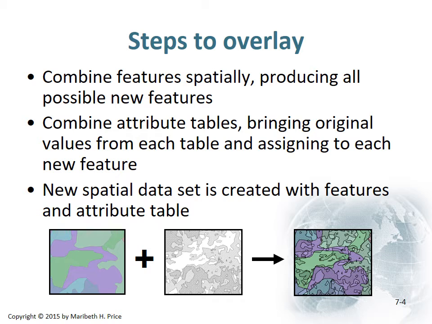If we combine polygon and line data, we're going to get line data out. If we combine polygon and polygon, we're going to get polygons out. And the output will be a new data set, a new feature class or shapefile that contains all of the selected attributes from all the different possible combinations of the inputs.